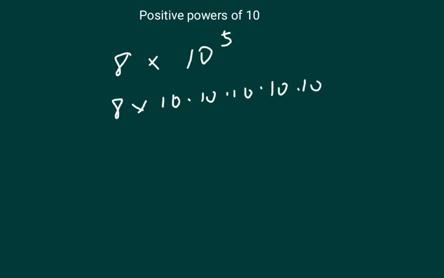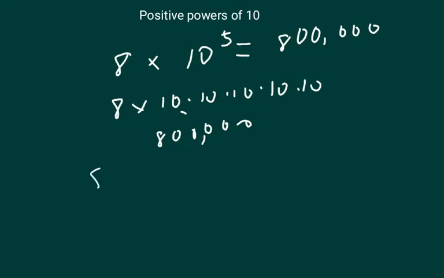You would never do this, but would it be 8 with this many zeros? 1, 2, 3, 4, 5. So it would be 800,000. So 8 times 10 to the 5th, which is in scientific notation, is equal to 800,000, and the 800,000 is in standard notation.